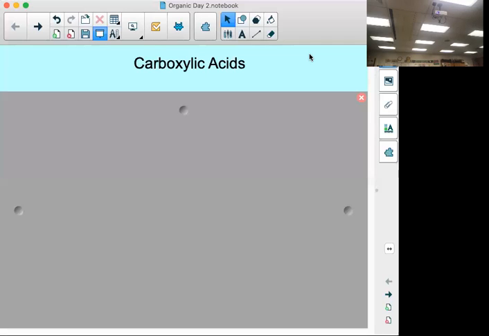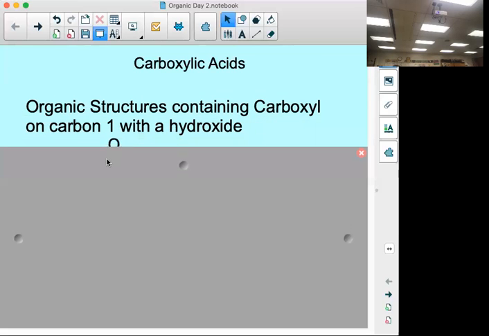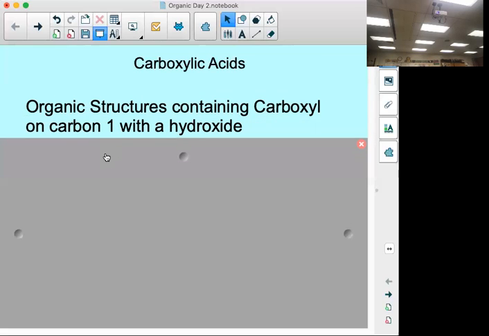All right, so first we're looking at carboxylic acids. A carboxylic acid is an organic structure containing a carboxyl. Again, what's that carboxyl? A double bonded oxygen on the first carbon with a hydroxide there as well.